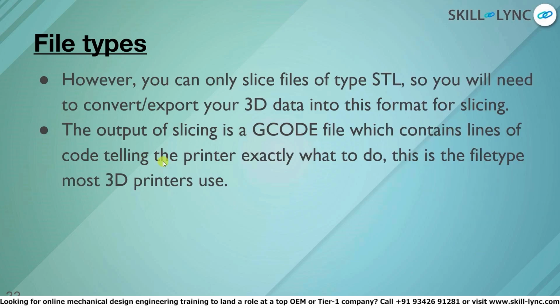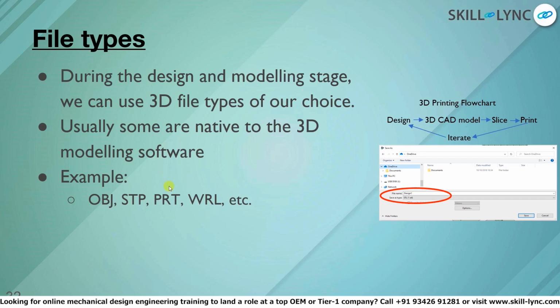Some other file types that you might encounter when 3D modeling, that are usually posted online as generic 3D file types, are OBJ, STP, PRT, WRL. These are just different file types that have their own specifics, but you can import them into Ansys SpaceClaim and edit them that way.